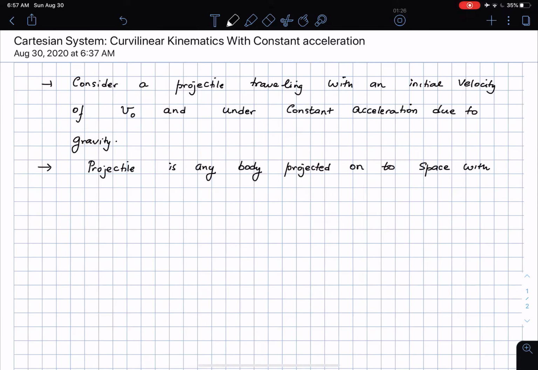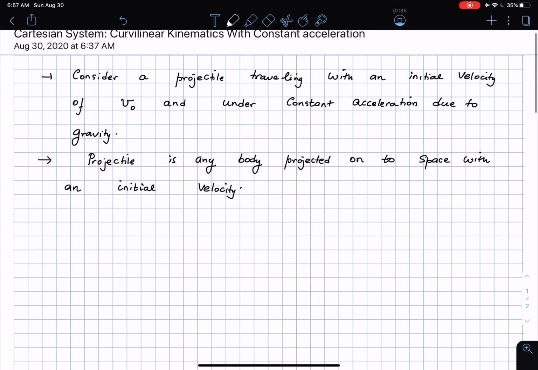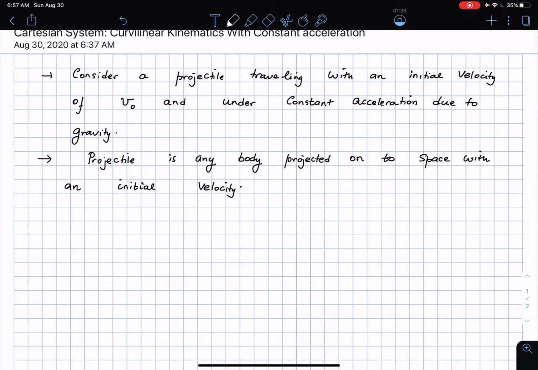And in this problem, we will be neglecting the effects of drag forces. We will be neglecting drag for the time being.